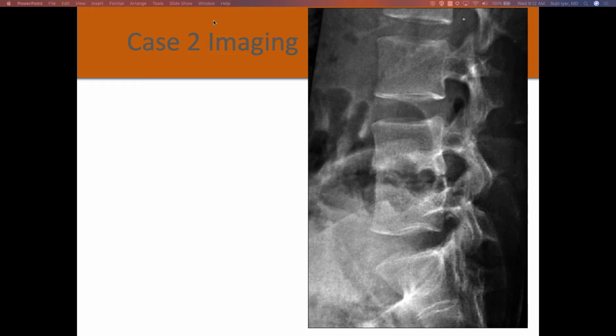But when you come down to the abnormal disc, the vertebral end plate is gone, it's destroyed, and there's an indistinctness of the disc. You don't see the vertebral end plates very well at all. This would be concerning for a discitis when you see involvement of the disc. Tumor generally does not involve the disc, so when you see involvement of the vertebral end plates, that points you to discitis.